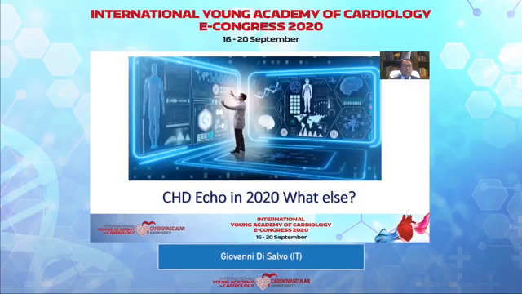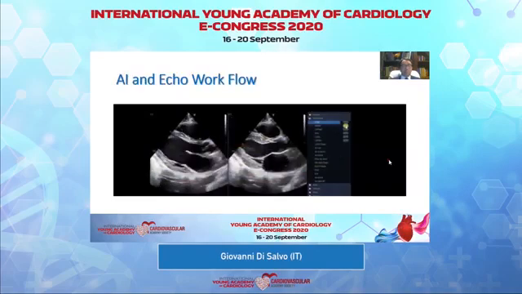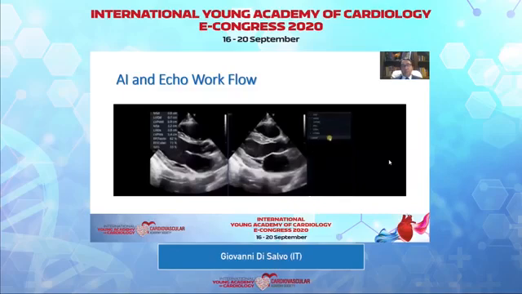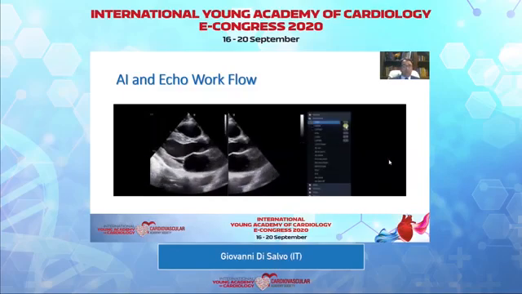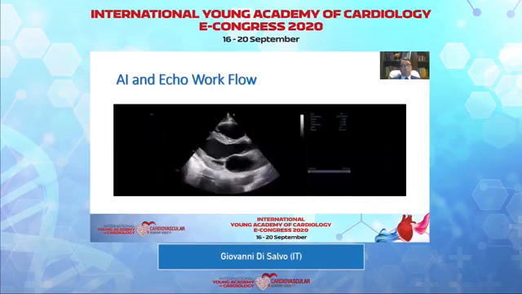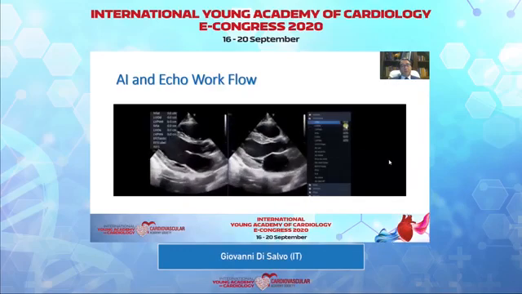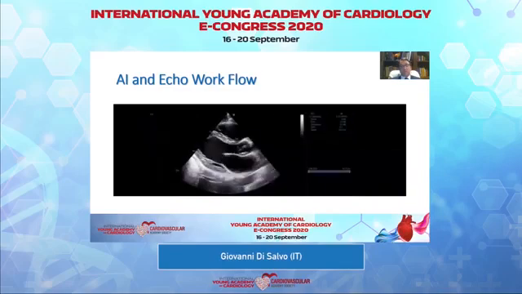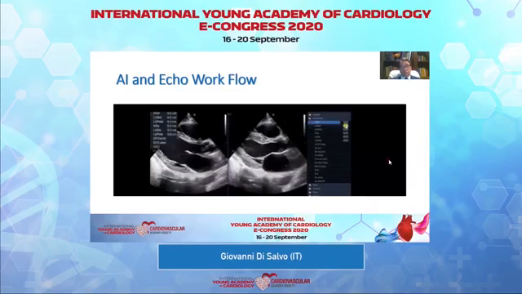Is there anything else? Well, in 2020, we are witnessing the advent of artificial intelligence and deep learning. This has improved a lot the workflow in the Echo Lab because from a parasternal view, the software automatically will stop the frame in end diastole and systole, and we do all the measurements.